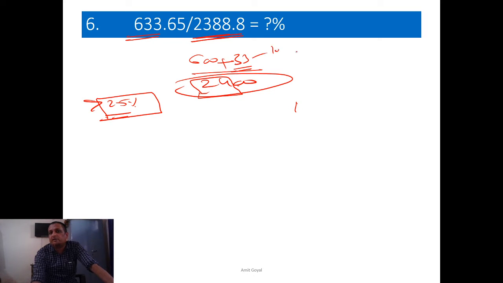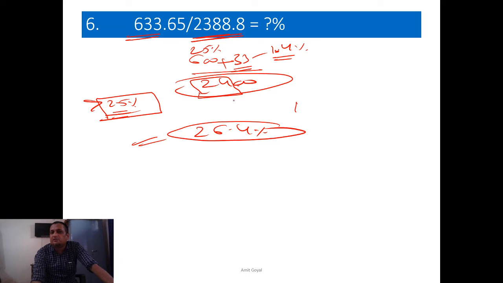So I can take a hunch as 1.3 or 1.4%. So 25% is this, and this is around 1.4%. So the answer should be around 26.4%. You can calculate it through a calculator, and my answer will be very near to that. But guys, you need to do these things in your mind.